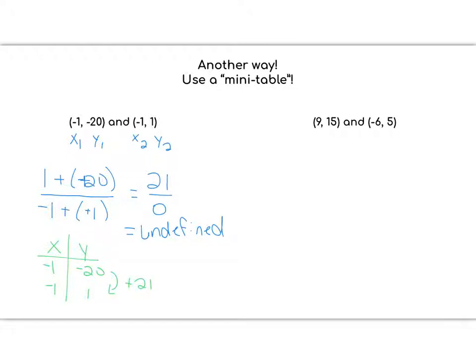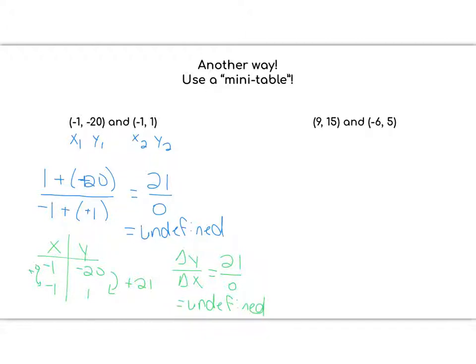I add 21. How do I get from -1 to -1? I add 0, and I would still get change in y over change in x. I would still get 21 over 0, which would still be undefined. So some of you might find the mini table easier than the slope formula.